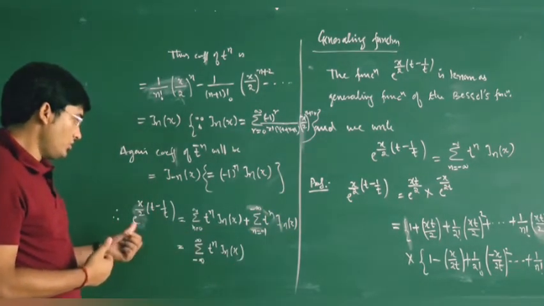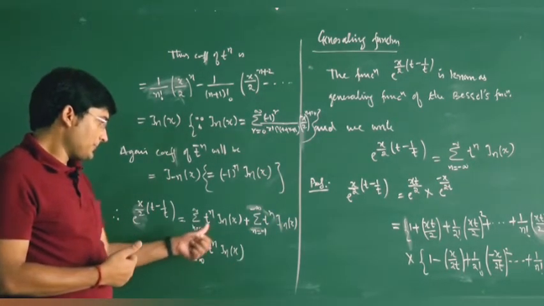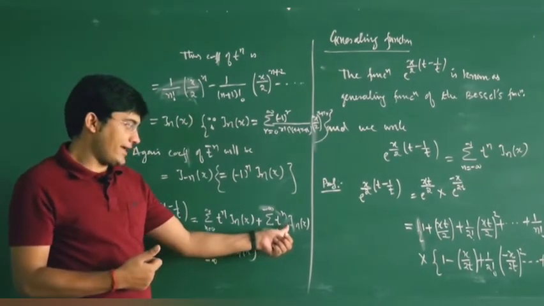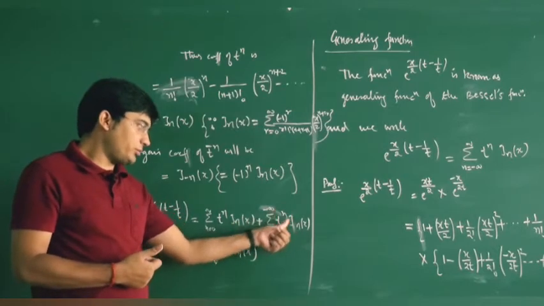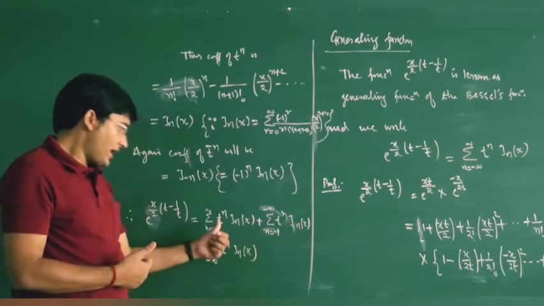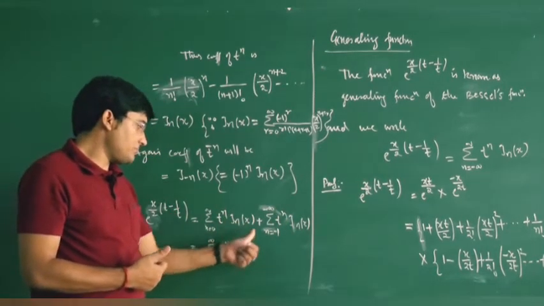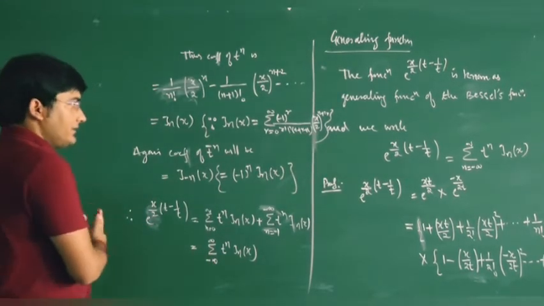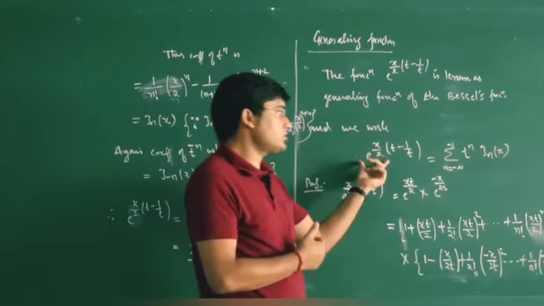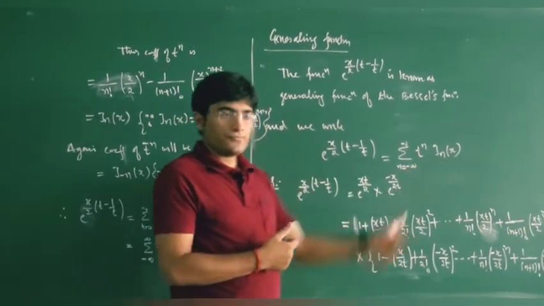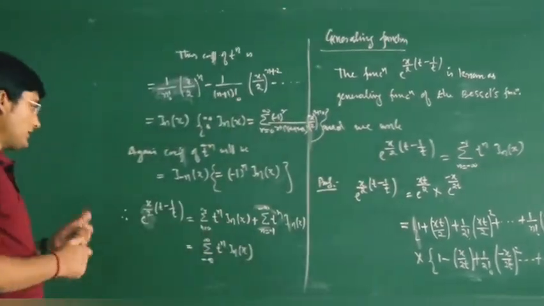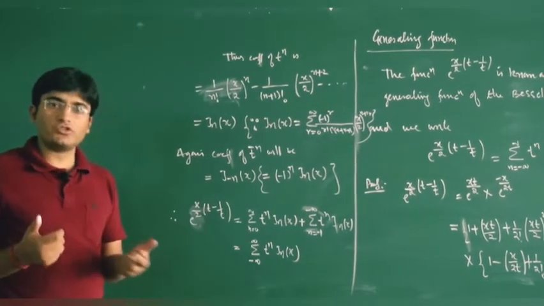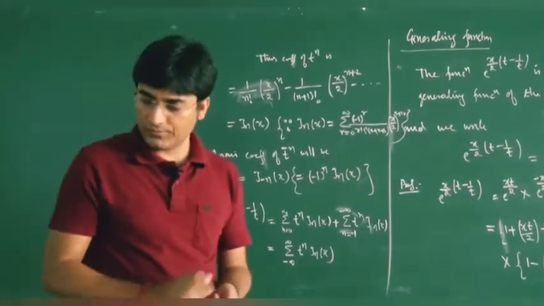So that means the coefficient of t power minus n is J minus n, and the coefficient of t power plus n is J plus n. So the coefficient of t to the power n in this expansion is Jn(x). So that is why this e to the power x by 2 into t minus 1 by t is known as the generating function of the Bessel function.